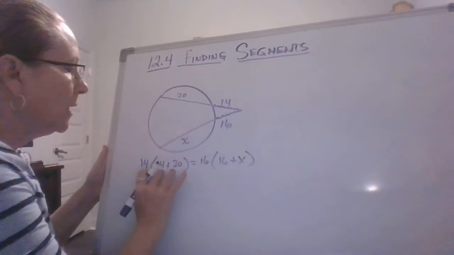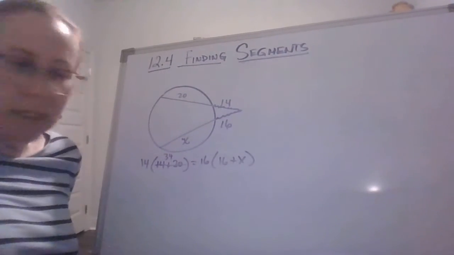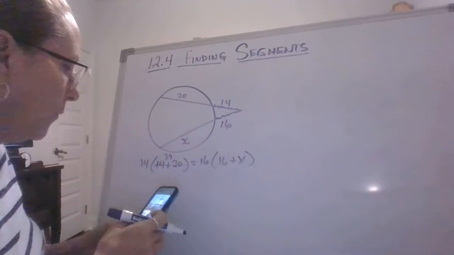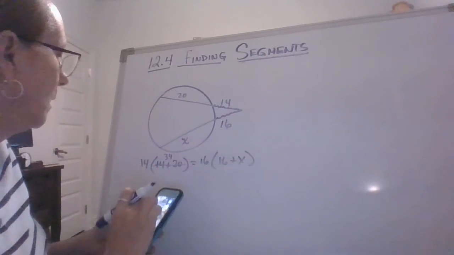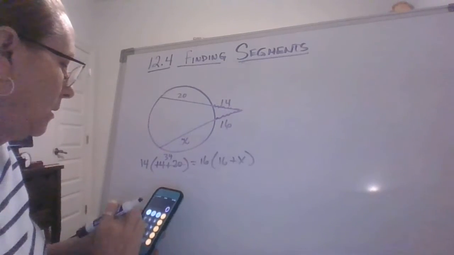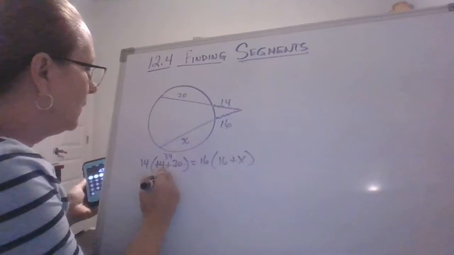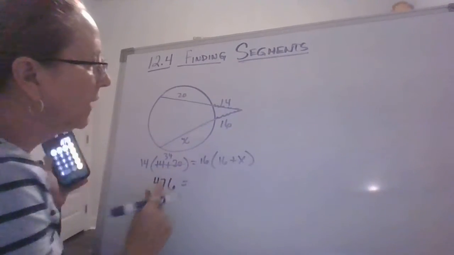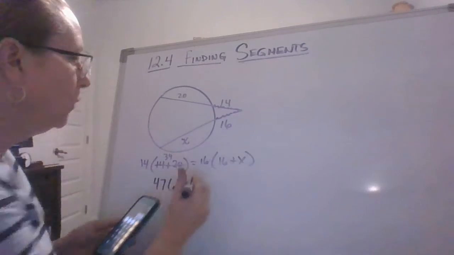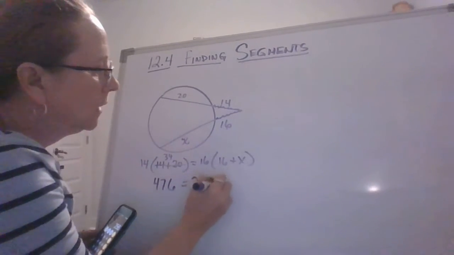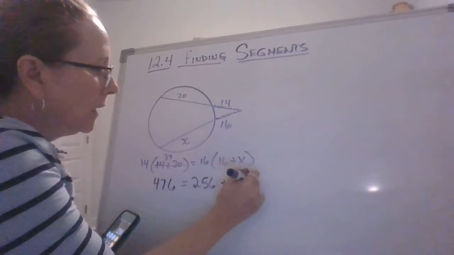So 20 plus 14 is 34. And 14 times 34 will give us 476. And we have 16 times 16, which is 256, plus 16X.